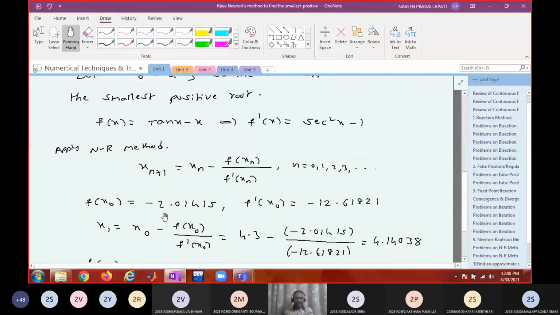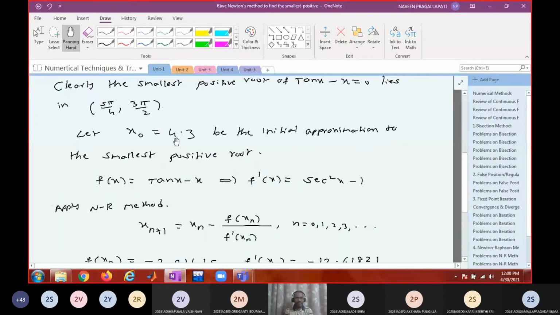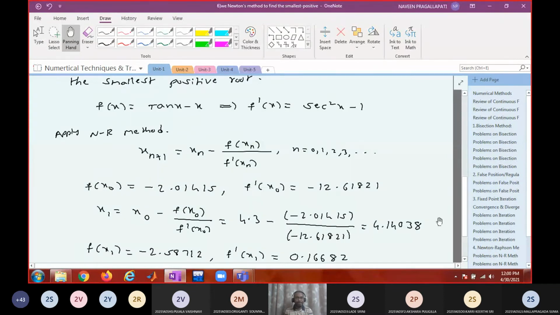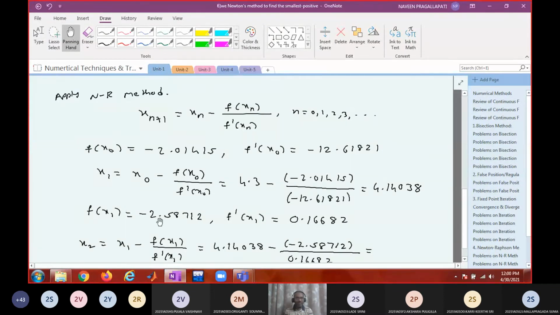So you may get a divergent sequence because of this initial approximation. With x naught equal to 4.3, here f of x1, the magnitude increased again.